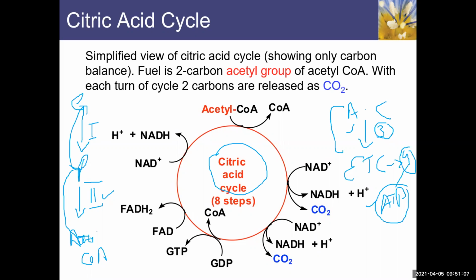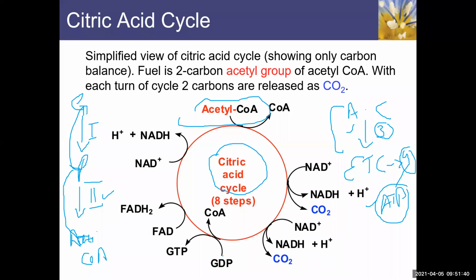Now, what are we going to learn in the Krebs cycle? What is the goal of the Krebs cycle? What are we going to do with this acetyl-CoA? The goal of the Krebs cycle is that we will take this acetyl CoA and break it down throughout this cycle, over 8 steps.